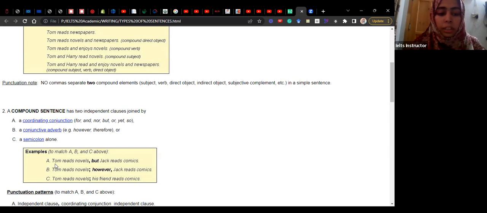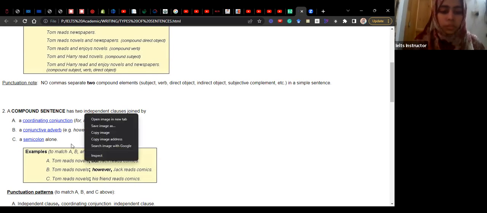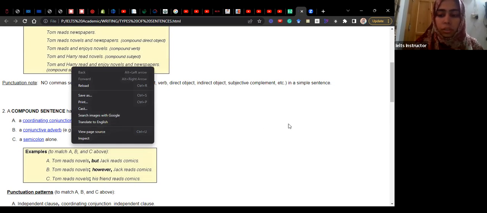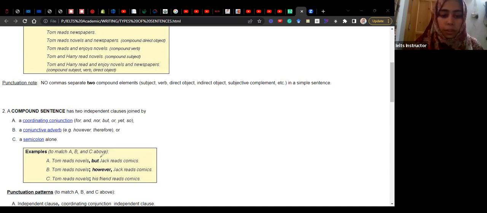For example, Tom reads novels, but Jack reads comics. Okay, if you just let me switch to my pointer. If you just don't consider this coordinating conjunction for one second, do you see that both of these are independent clauses?